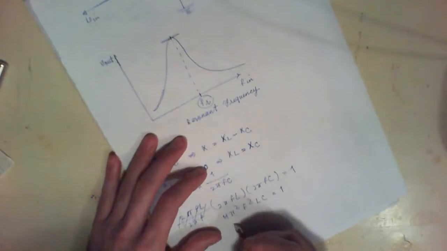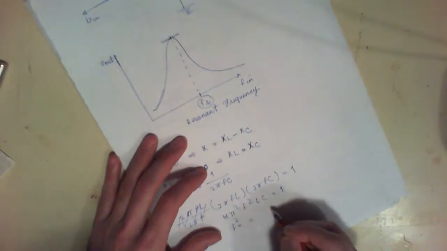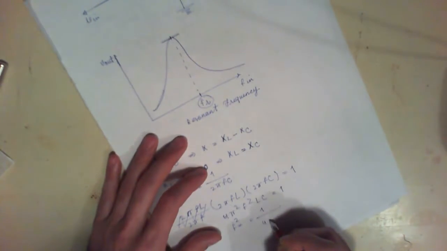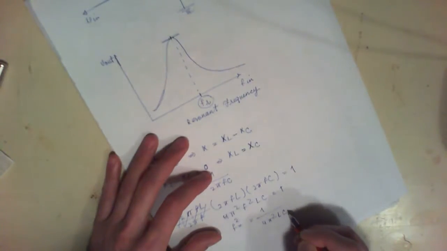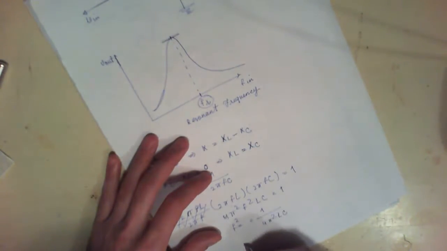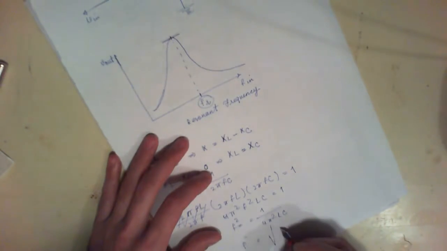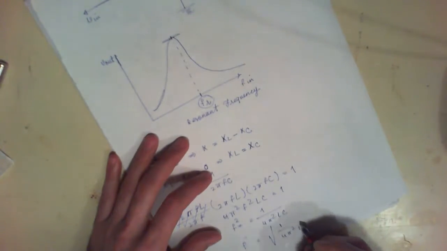And then your frequency: F squared is equal to 1 over 4 pi squared LC. And then F is going to be the square root of 1 over 4 pi squared LC.